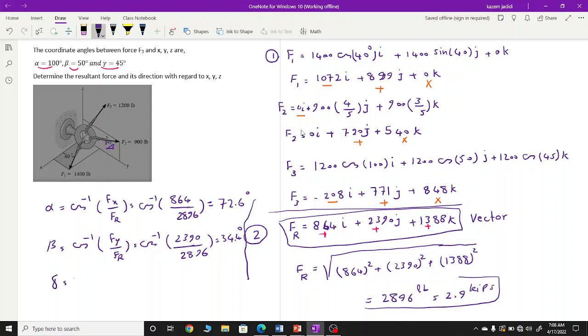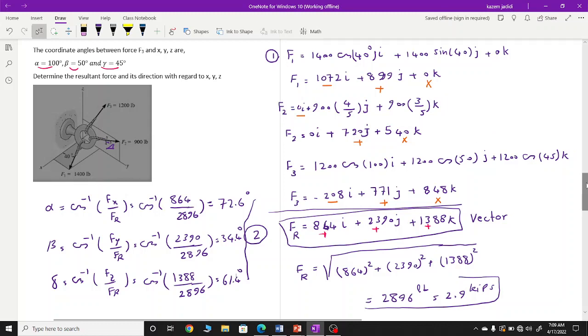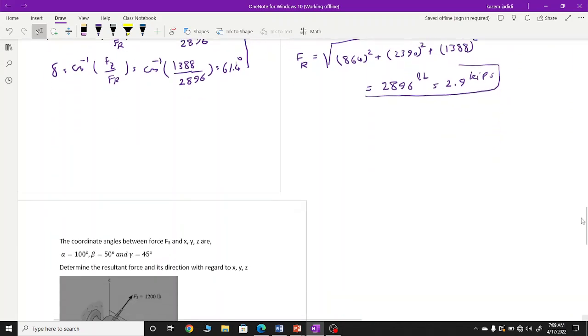And gamma is equal to cosine inverse of Fz divided by FR, cosine inverse of 1388 divided by 2896 equals 61.4 degrees. And this is how you can solve and find the direction of this resultant force, which is showing the angles with regard to x, y, and z.